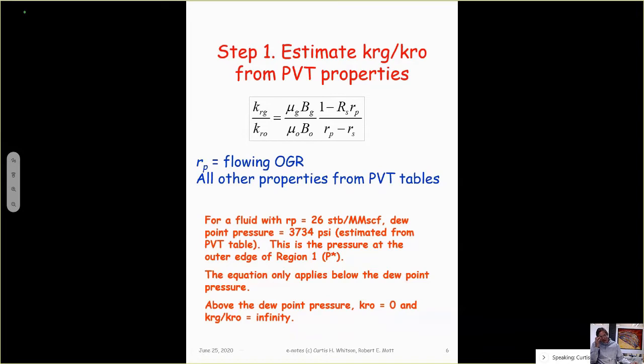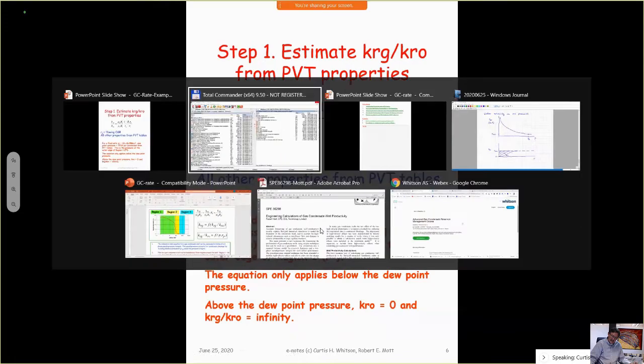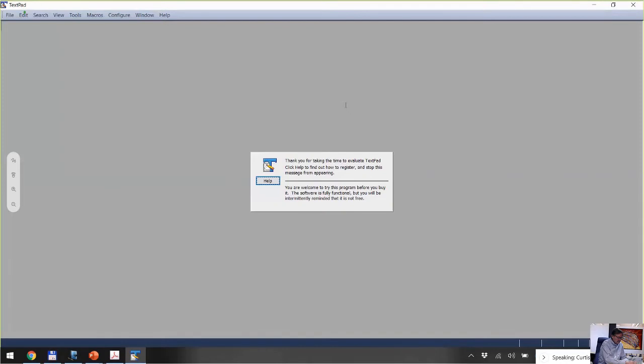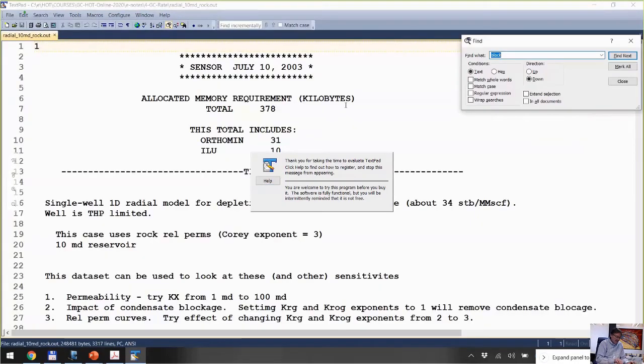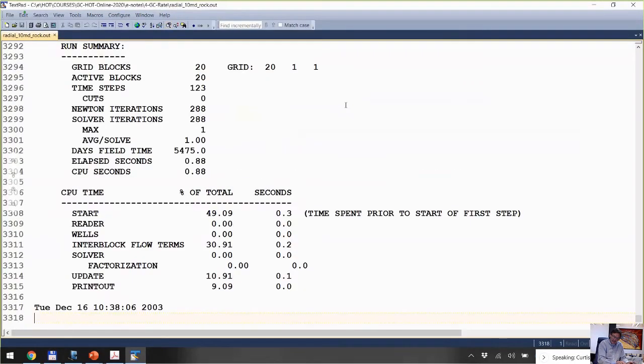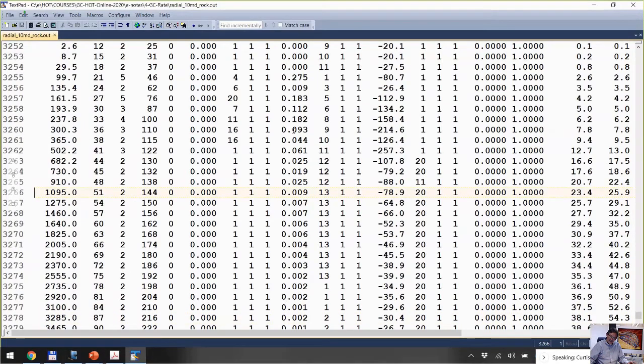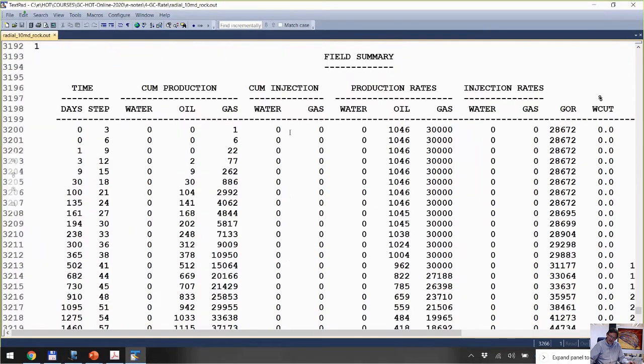So this is the model producing oil gas ratio, and we can check that from the data set. Let's see, where would that be? Maybe at the end here. Okay, these are summaries.